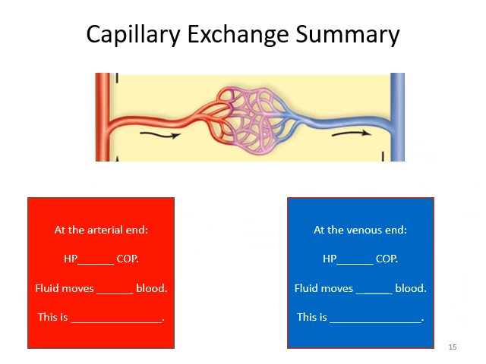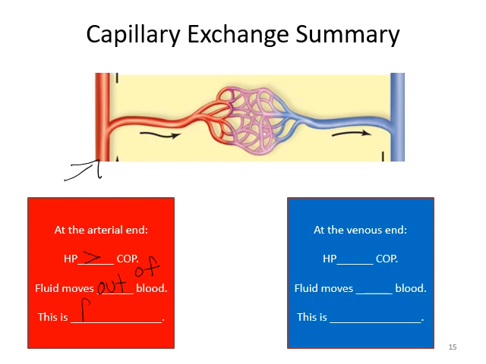So in summary, at the arterial end of the capillary bed, so blood's closer to the heart, the hydrostatic pressure is greater than the colloid osmotic pressure. And fluid is going to move out of the blood over into the interstitial space where it can interact with the cells.